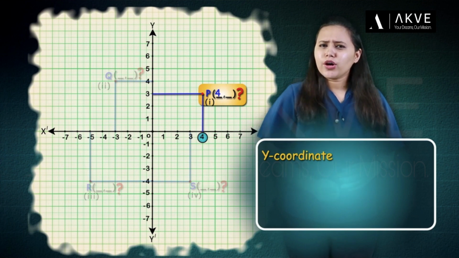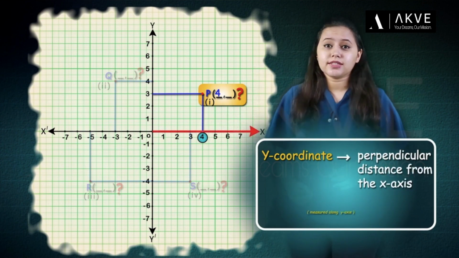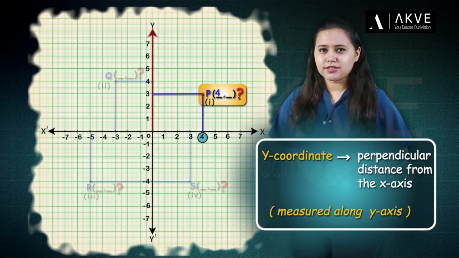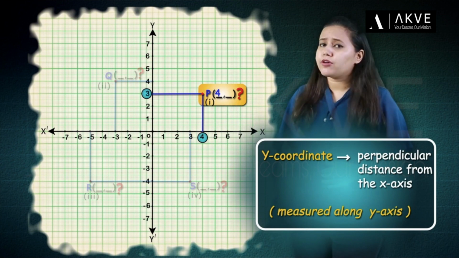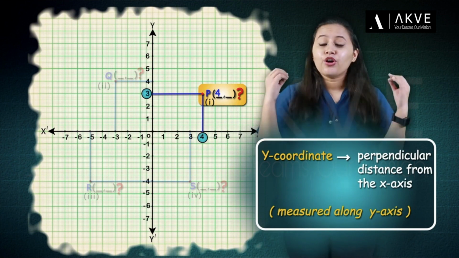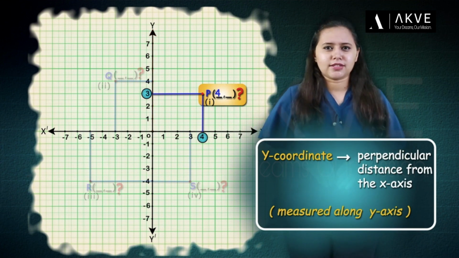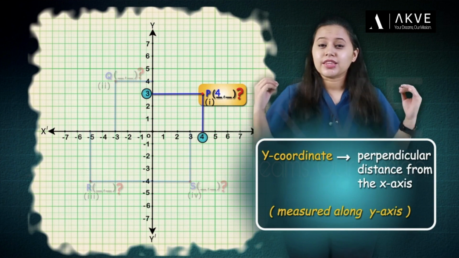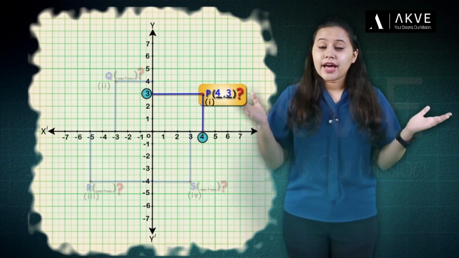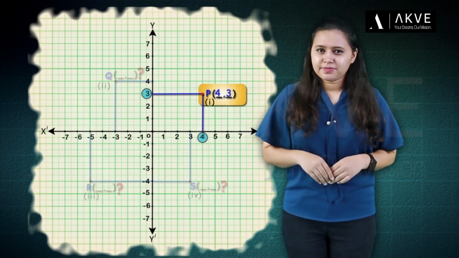Further, the y-coordinate of a point is its perpendicular distance from the x-axis measured along the y-axis. Here we can see that point P is 3 units away from the x-axis. Also, it is along the positive direction of the y-axis. So, the y-coordinate is taken to be positive, that is +3. Hence, the coordinates of point P are 4 and 3.